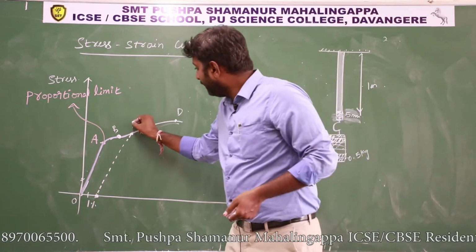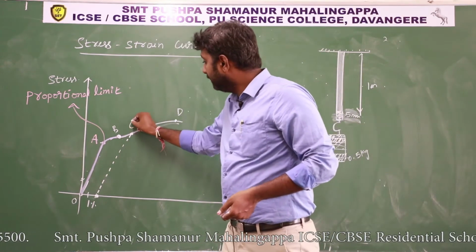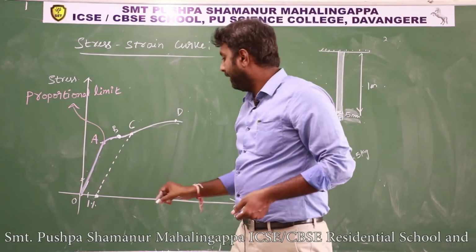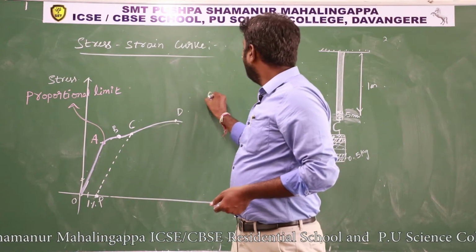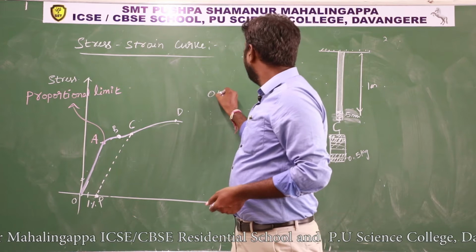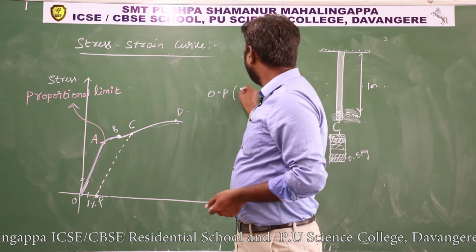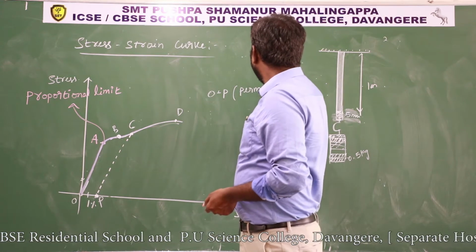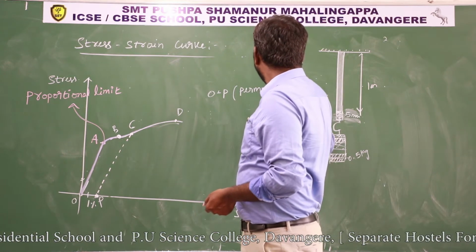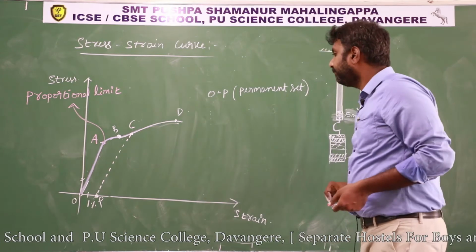So that point I will give as C, and this point I will give as P. O to P is called the permanent set.